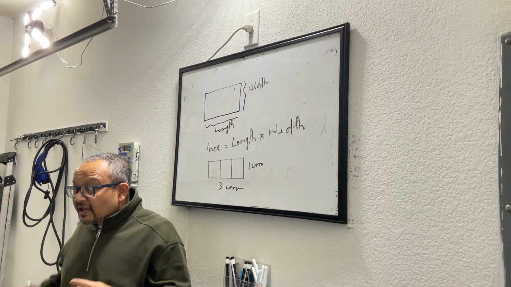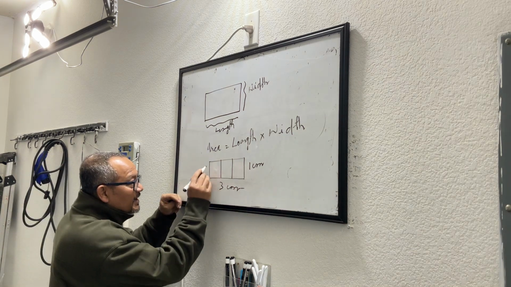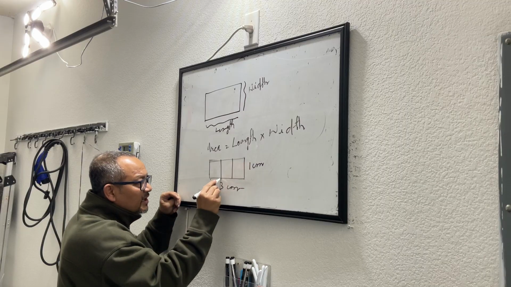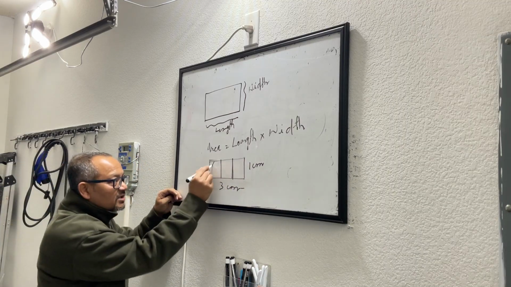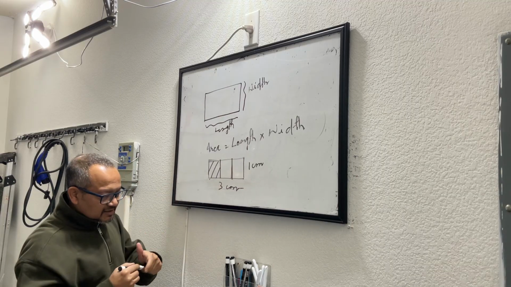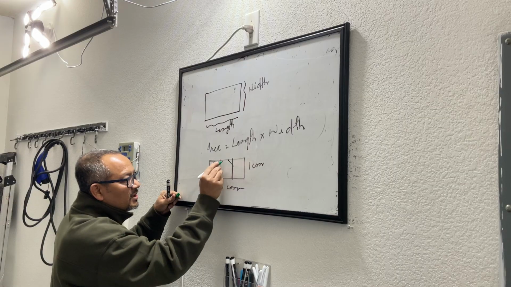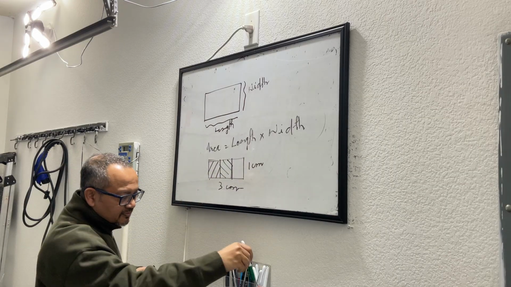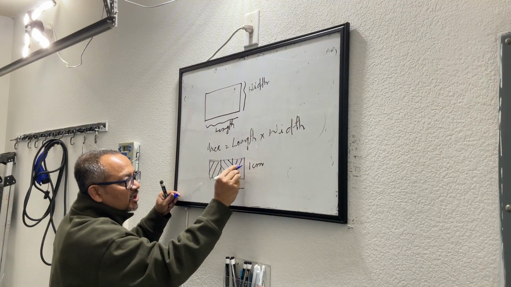Now, I am saying look at it a little differently. Look at this. What did I do? This was 3 centimeter long. I split this into 3 squares. This is one square using the black Sharpie. This is another one using the green Sharpie. And there is another one with the blue Sharpie.